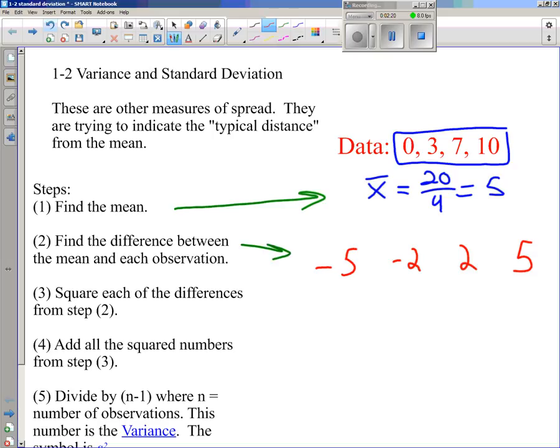Step 3 is to square each of the differences. Each of those, in this case 4 numbers, 1 for each observation, you square them. Okay? That's step 3.